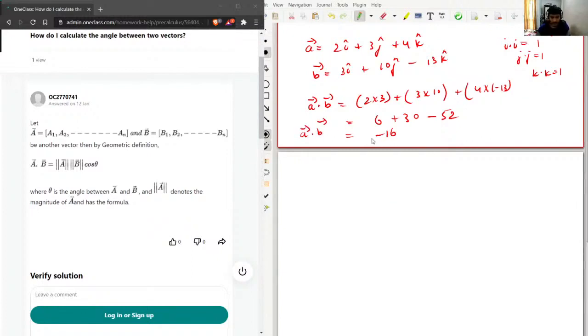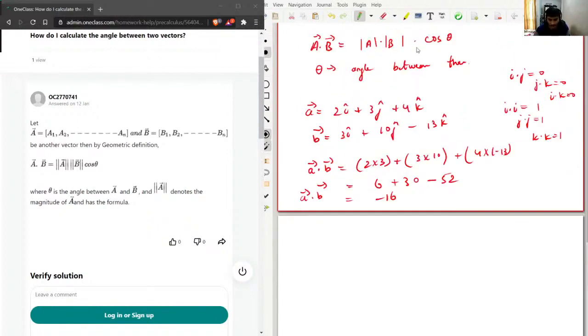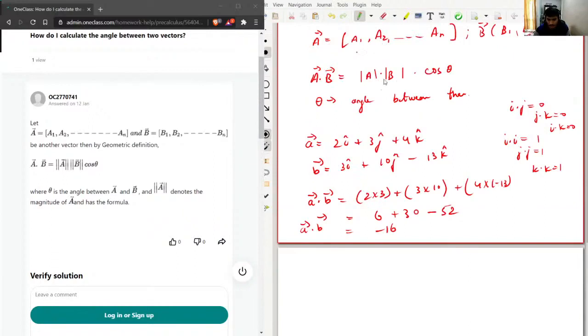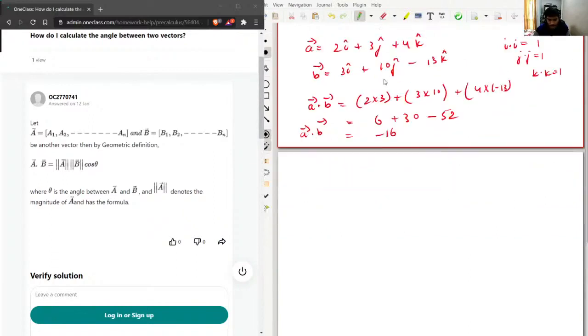Now we'll go for the magnitude of both the vectors, because according to this formula we need magnitudes of both of them.